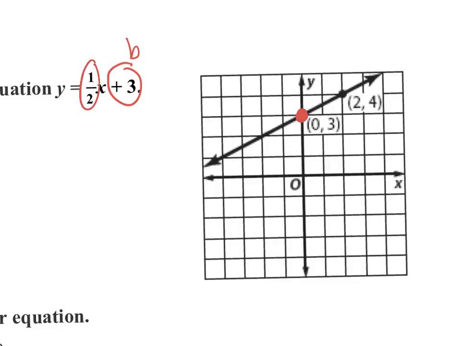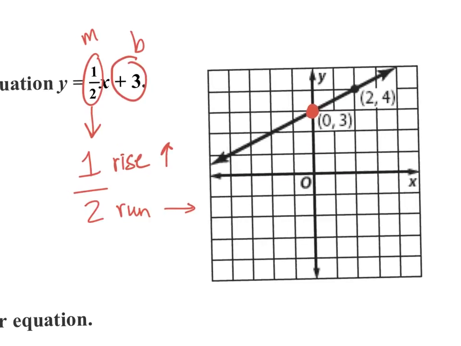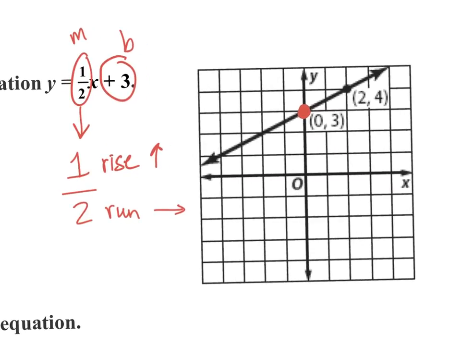Then your slope is 1 over 2, so we rise 1 and run, or horizontal change, 2. That's how they got that second point. From that first point we went up 1, run 2. And that's your slope.